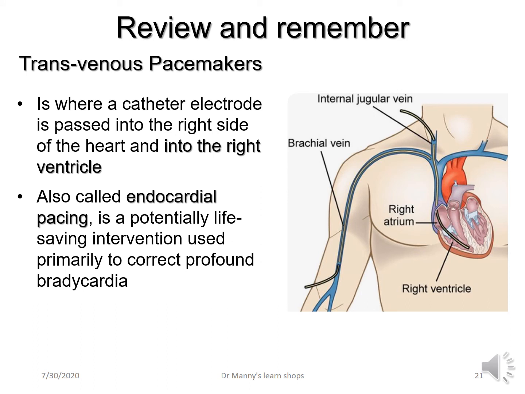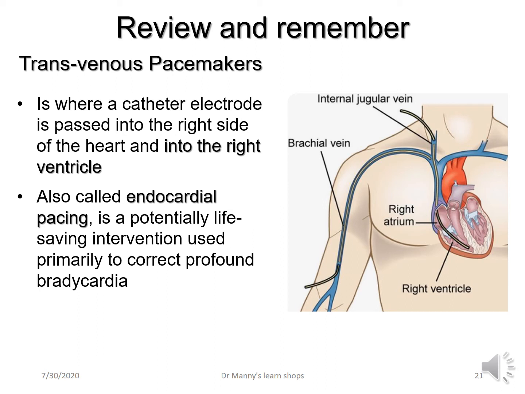Now let's review transvenous pacemakers. A transvenous pacemaker can be identified on chest X-ray. And this is where the catheter electrode is passed into the right side of the heart, right heart catheterization, jugular vein, subclavian vein, and into the right ventricle. And it's also called endocardial pacing.